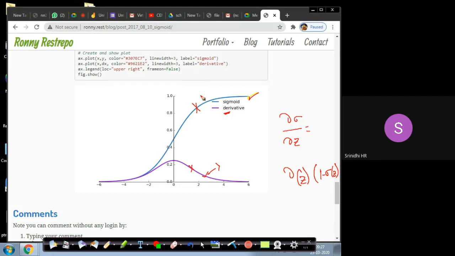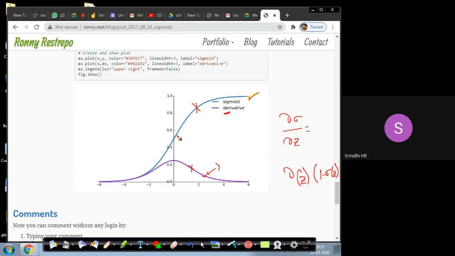Can anybody let me know what difference we can find here? 0.6.